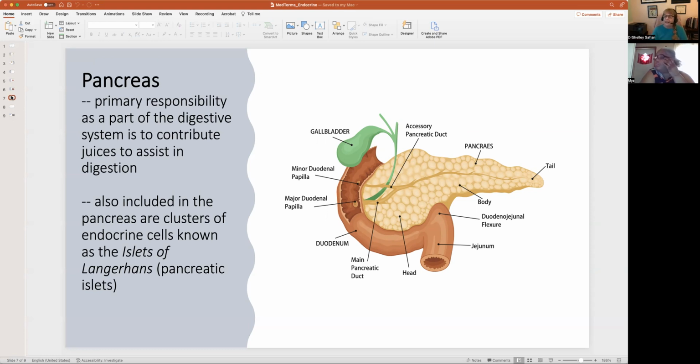So I find this interesting that the pancreas has two jobs. It's a member of two different body systems.